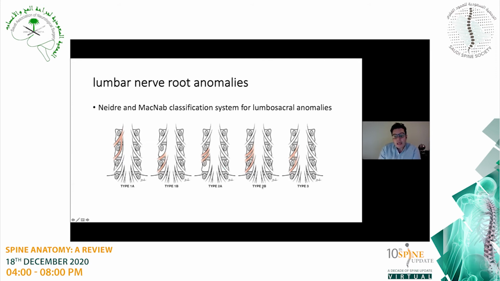In type 2A and B, there is a conjoined nerve root, regardless of whether the foramen below it is occupied or not. If the foramen below it is not occupied, it is 2A. If there is a conjoined nerve root and there is also occupation of all foramina, this is type 2B. And in type 3, there are connections between 2 nerve roots.